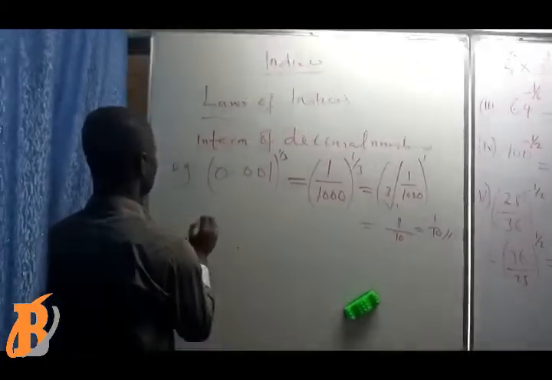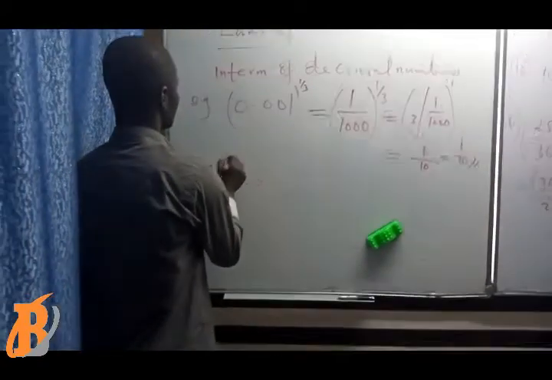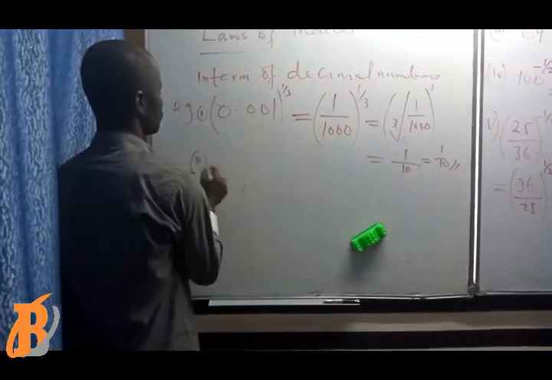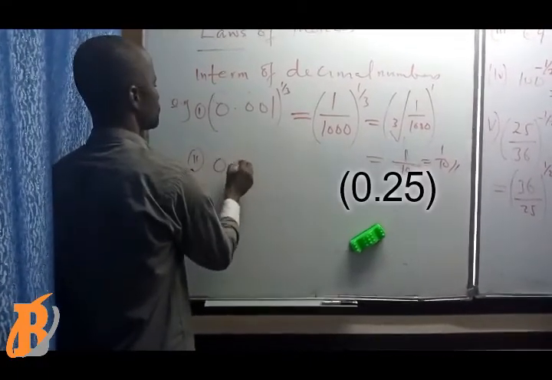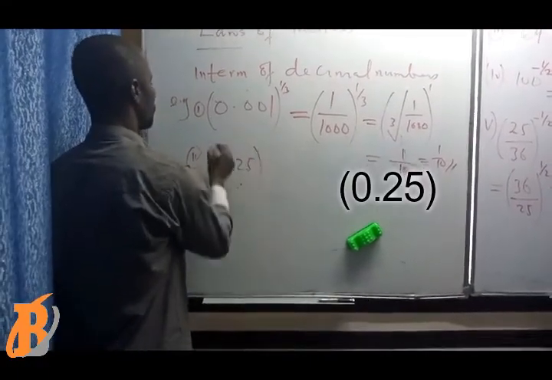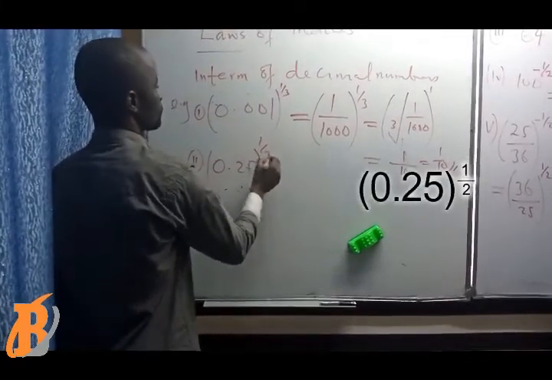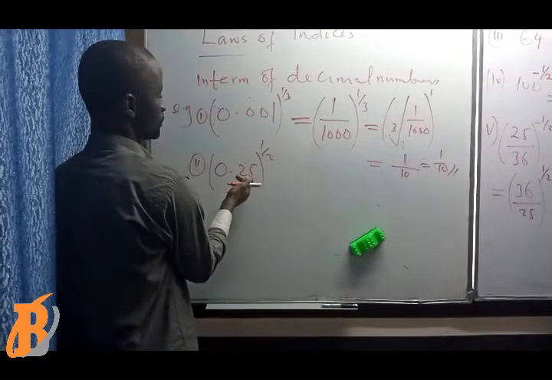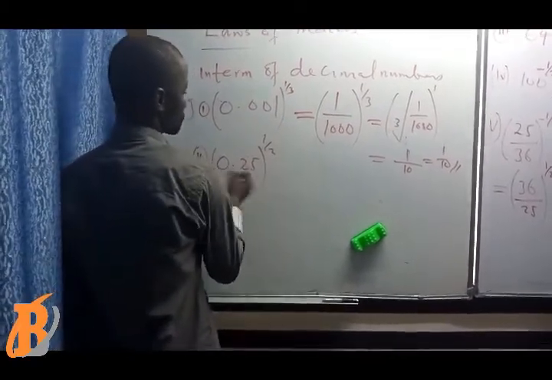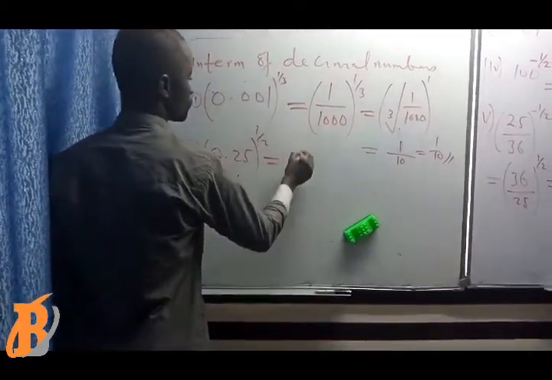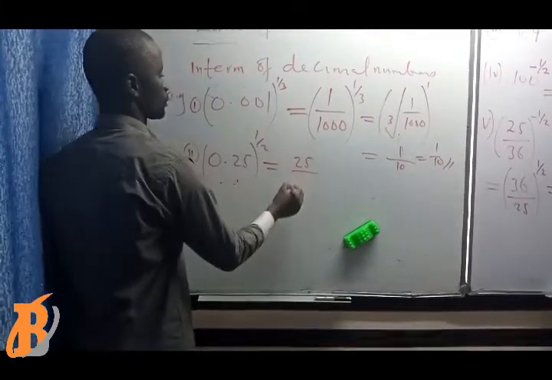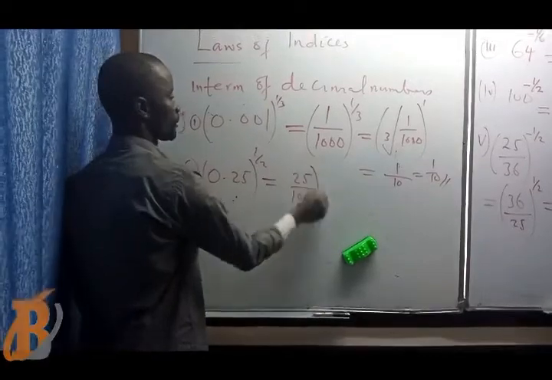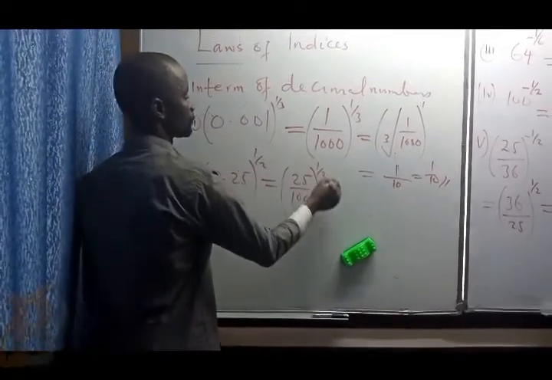Now also, example 2: you have 0.25 raised to power 1 over 2. Same method: convert the decimal to a fraction, which is 25 over 100, to the power of 1 over 2.